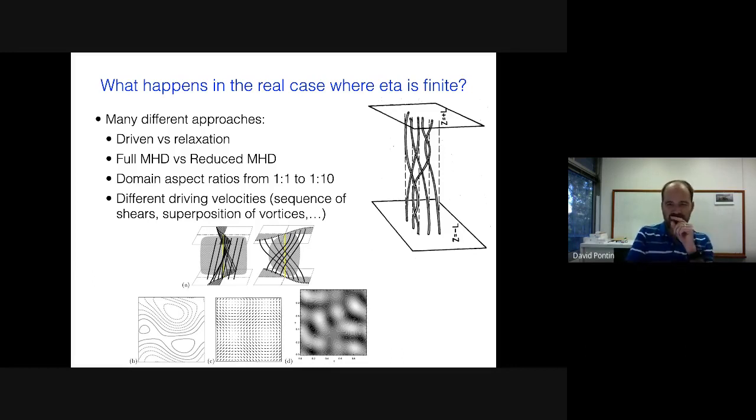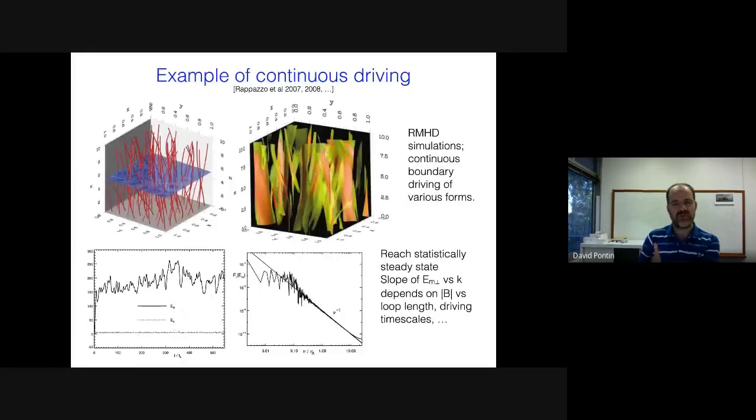Different domain aspect ratios, some of which are closer in geometry to a coronal loop, and others are more like just a square box. Different driving velocities are used. There are a few examples of the driving patterns from some of those simulations shown at the bottom there. So I'm not going to go through all of these different studies, but just pick out a couple of examples.